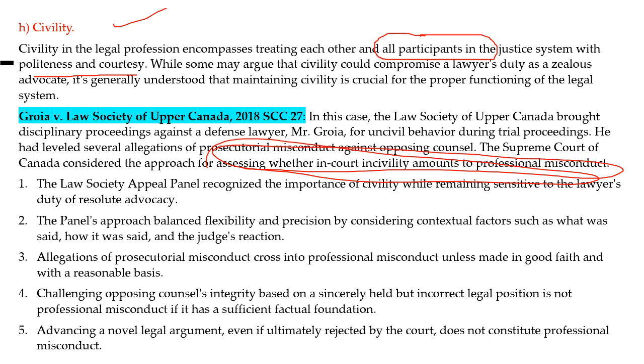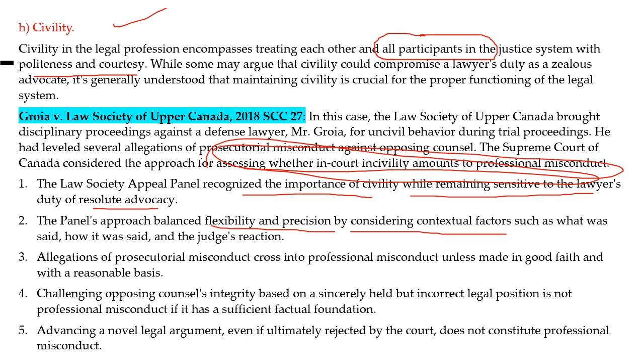The Law Society Appeal Panel recognized the importance of civility while remaining sensitive to the lawyer's duty of resolute advocacy. So they said there should be a balance between zealous representation and decency in the court of law. The panel's approach balances flexibility and precision by considering contextual factors like what was said by the lawyer, how it was said, and the judge's reaction. Allegations of prosecutorial misconduct cross into professional misconduct unless made in good faith with a reasonable basis.